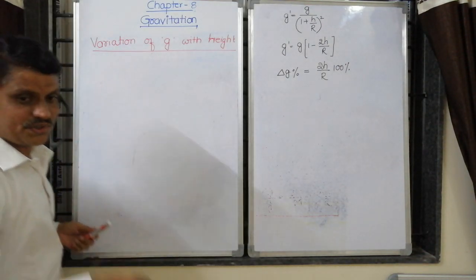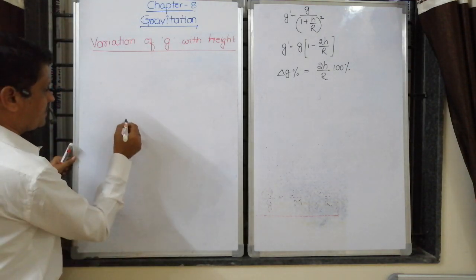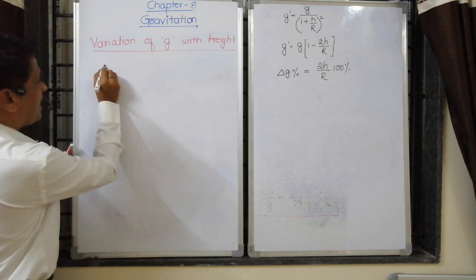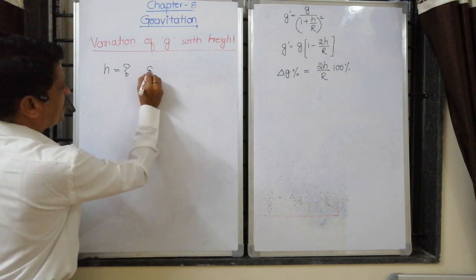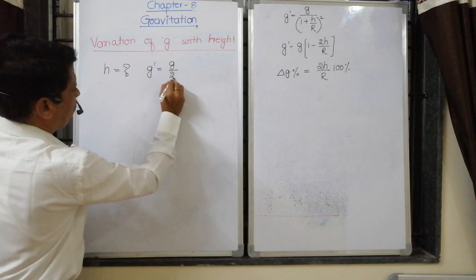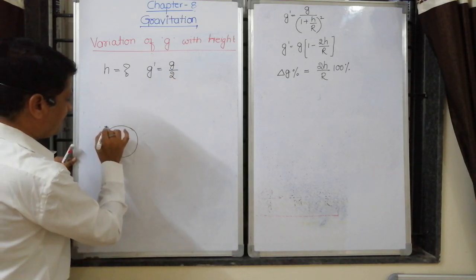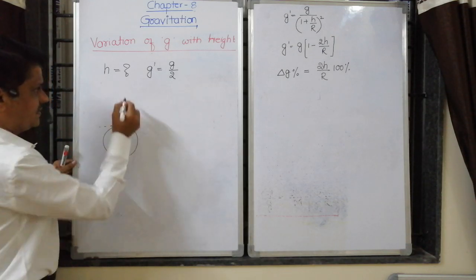Now, the question is a small question, that is: what is the height h at which g dash is equal to g by 2? As we know, if you go above the surface of the earth, g decreases.